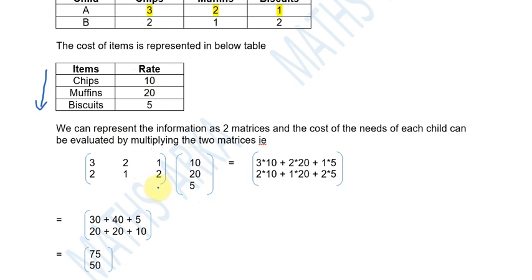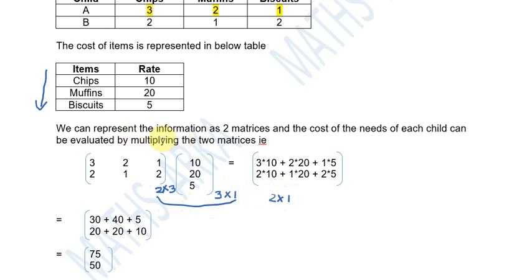The order here is 2 cross 3, and here it is 3 cross 1, because there are 3 rows and just 1 column. Now these two are equal. The column number here is equal to the row number over here, so the order of the resultant would be 2 cross 1.